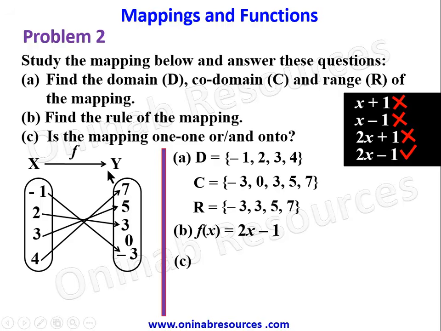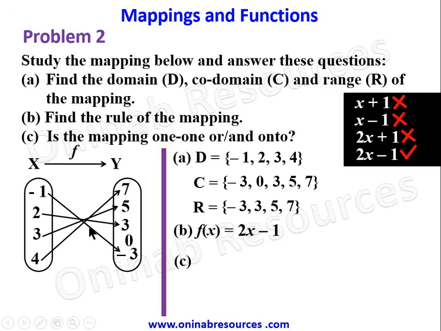Now we go to C. For C, is the mapping 1-to-1 or onto? Let's start from 7. 7 is an image of only one element in the domain. 5 is an image of only one element in the domain. 3 also, and -3 also. Since every element in X is mapped to a unique element in Y, therefore the function is 1-to-1.